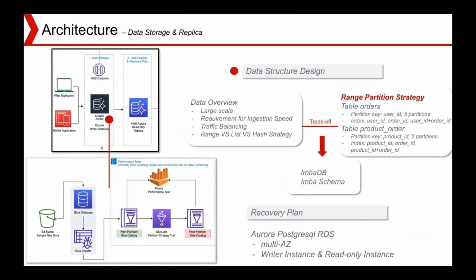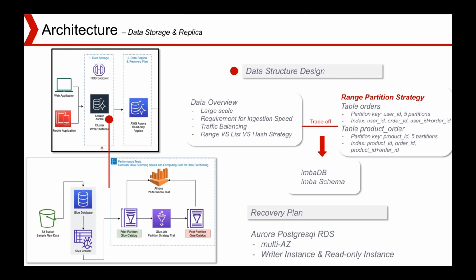So we have chosen range partition strategies among all of those data partition strategies, especially for our two fact tables, the orders table, which stores the data of each order of our customers, and then the order product table, which contains over 14 million rows of our transactional database.